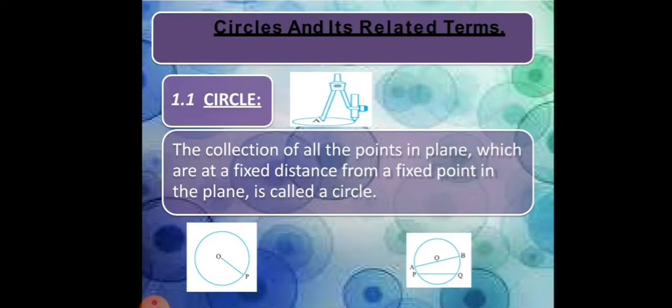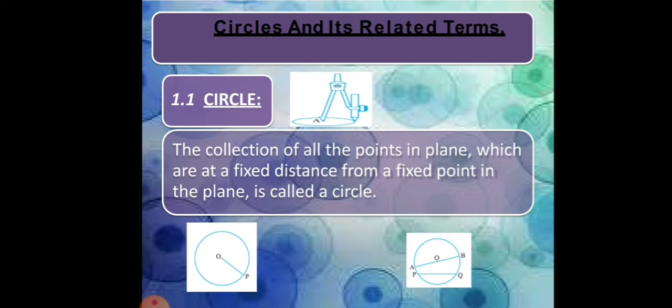The first, what is a circle? A circle is a collection of all those points in a plane which are at a constant distance from a given fixed point in the plane. The fixed point is called the center of the circle and the constant distance is called the radius of the circle.